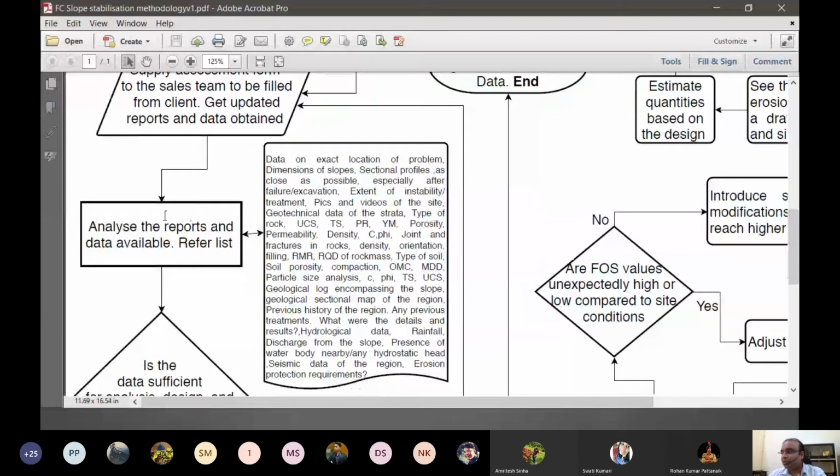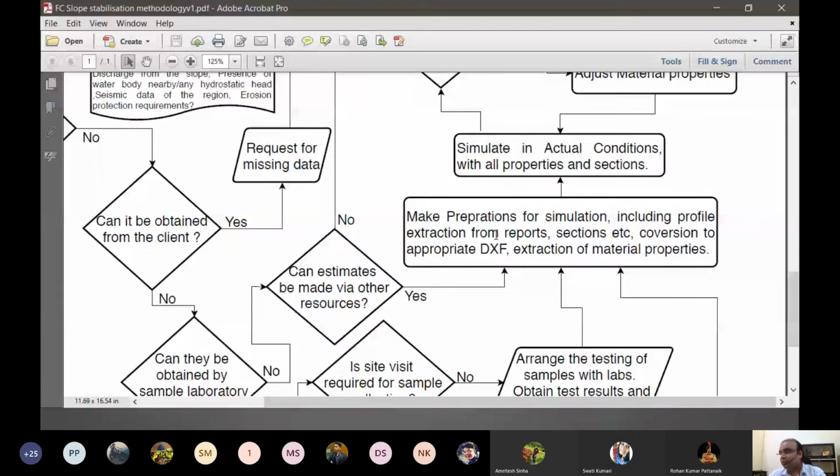Moving on, after the possible field visits, lab results and any other sources, we move to the process of making preparation for simulations, including profile extraction from reports, sections, conversion to appropriate DXF, and so on. In both of these classes we'll be learning how slope stability analysis is done.